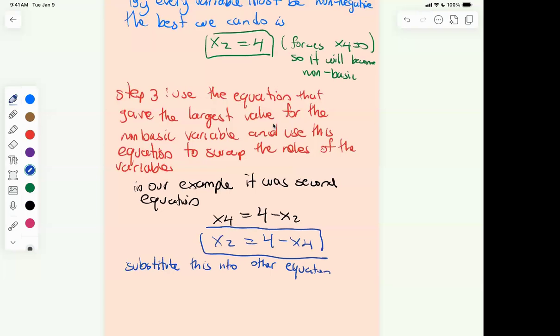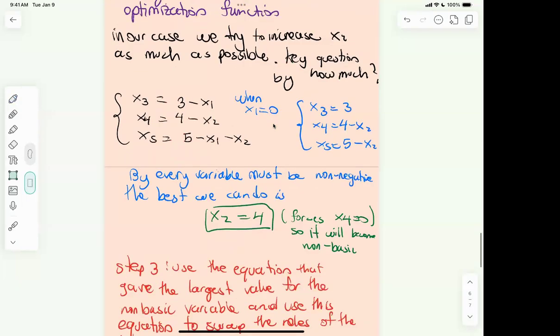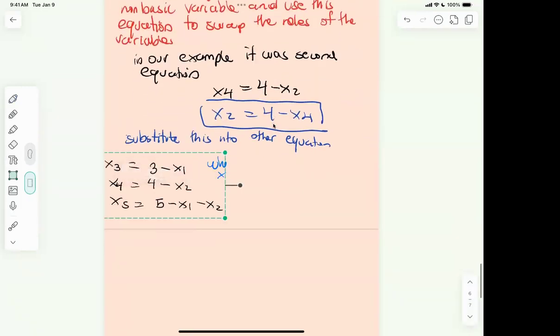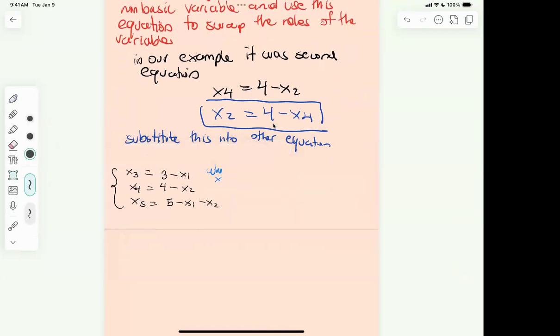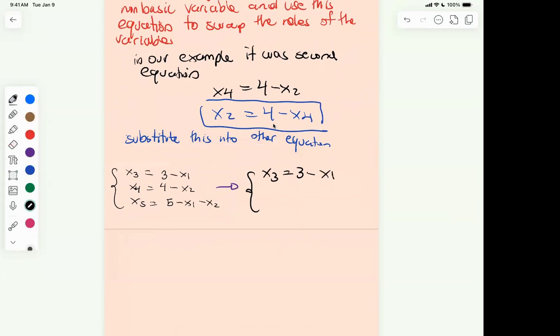Just to show you what happens here, go back to the original system of equations. There's nothing to do in the first one because the first one didn't involve x2 at all. So that one is good. Don't touch it. The second one is the one being used for the swapping, so I'll put x2 equals 4 minus x4 now, right?